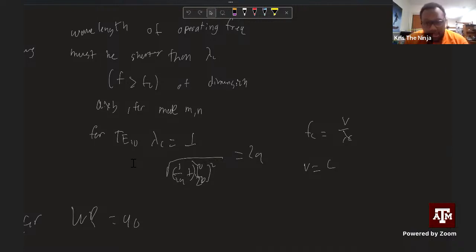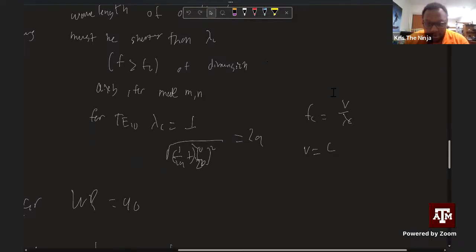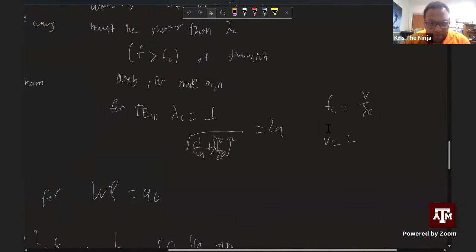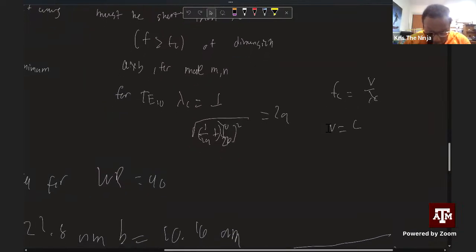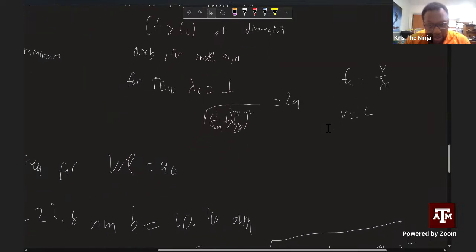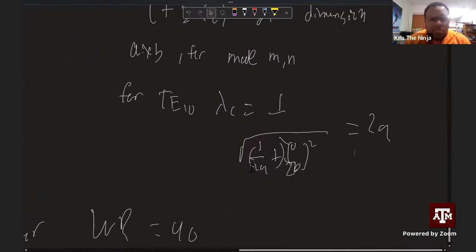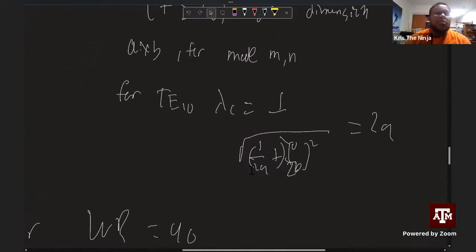For this TE mode, the cutoff frequency is the velocity c over wavelength, but that should be 1 over 2 A and B.